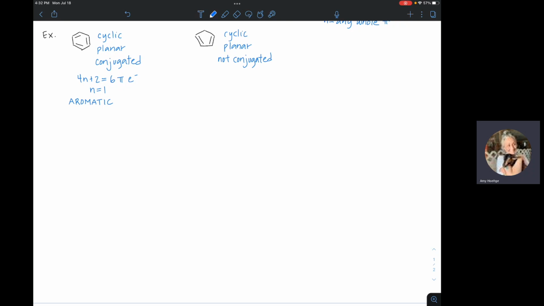But cyclopentadiene is not. So not aromatic. So there's aromatic, there's non-aromatic or not aromatic, and then there's a third category called anti-aromatic.